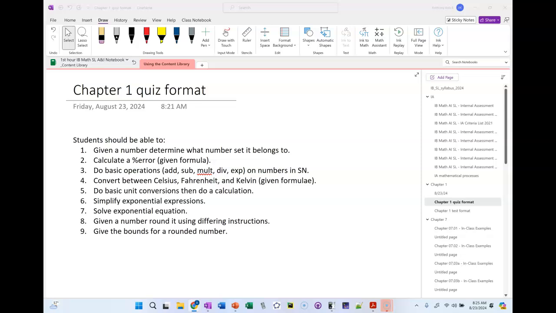Would you rather do the test on Thursday or start the next chapter and take the test the following Monday? Well, I guess it won't be Monday because it'll be Tuesday because it's the Labor Day weekend. You think on that. You don't have to tell me now. We can do it after you've taken the quiz. Whether you want to do the quiz and test on back-to-back days or do you want a chance to get the quiz back, we'll talk again on the quiz day.